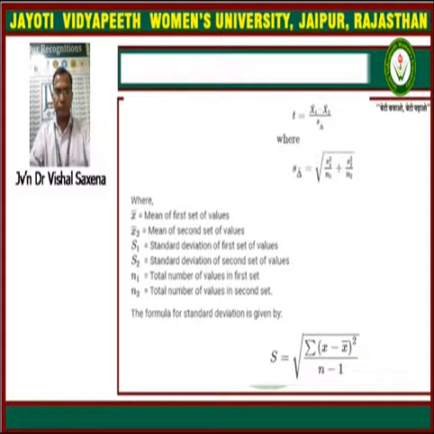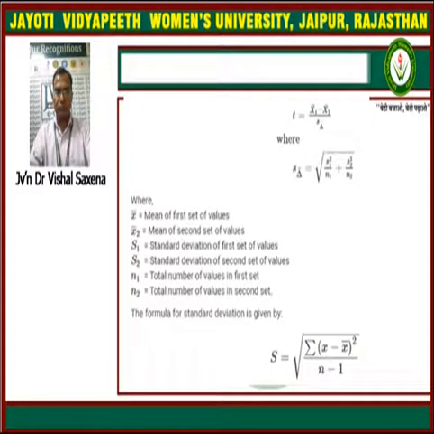Here x1 bar and x2 bar are the means of the two data sets, and s1 and s2 are the standard deviations of the two data sets with sizes n1 and n2.